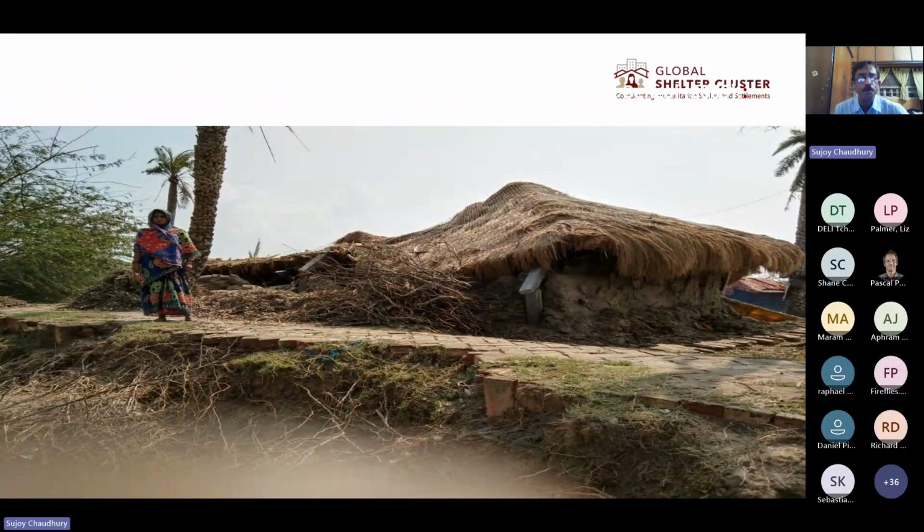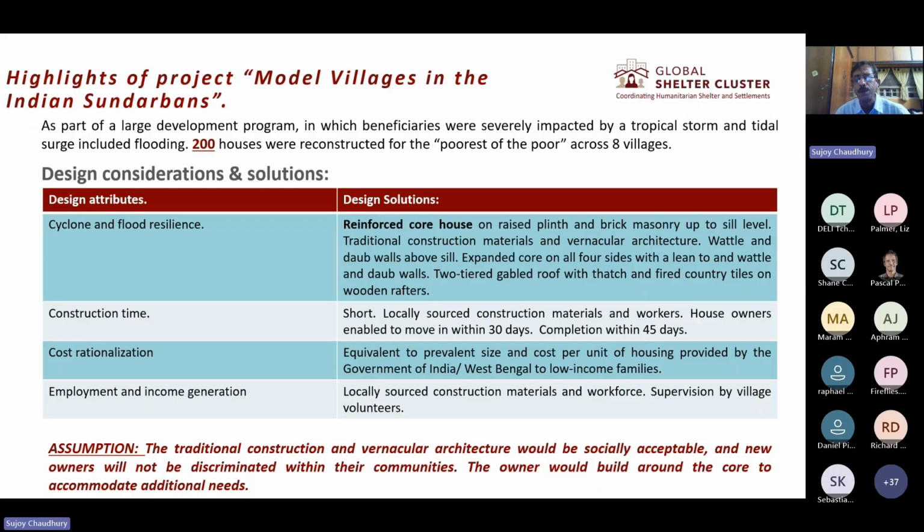Now, the second project is from the Indian Sundarbans, which is the coastline in West Bengal, frequently hit by cyclones and coastal flooding. This was a project supported by Irish Aid, and we went ahead with a completely new set of ideas.